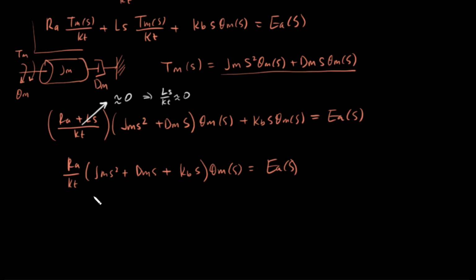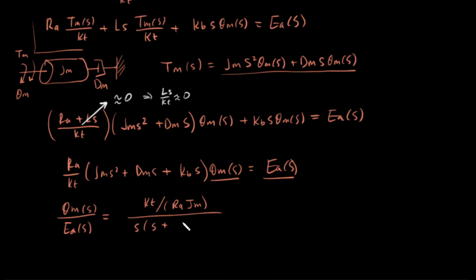Or we can say our transfer function between the input and the output, theta m of s, output over input, Ea of s, gives us this expression, Kt over Ra Jm over s times s plus 1 over Jm times dm plus Kt Kb over Ra.